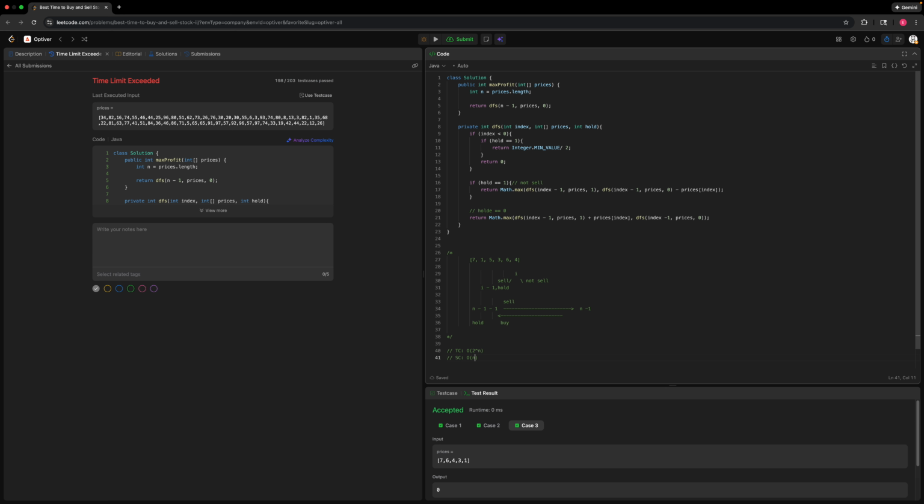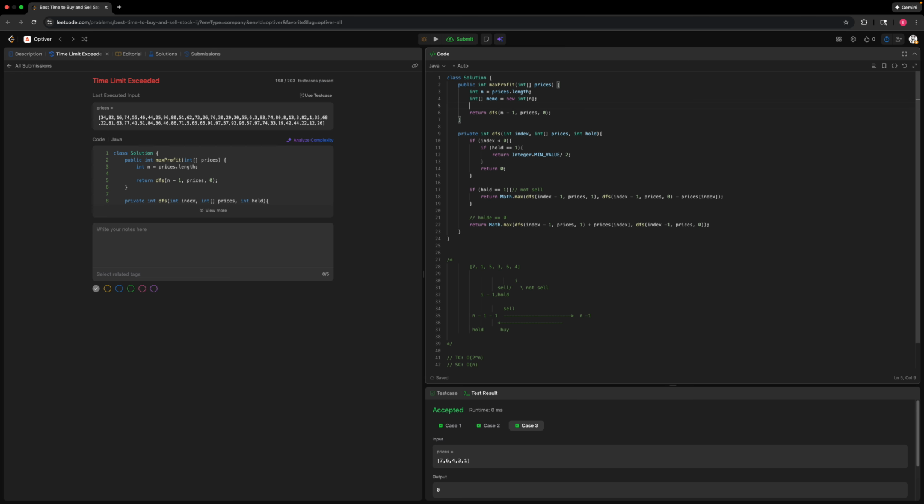Okay, so the time is high, so we need to improve it. I can use memory to improve the performance. Memory, -1.